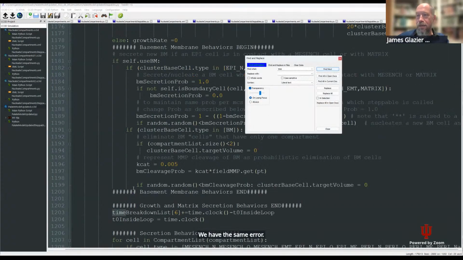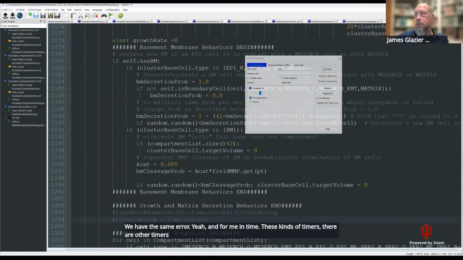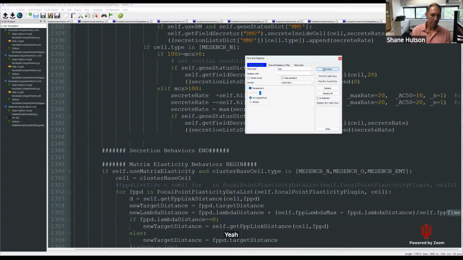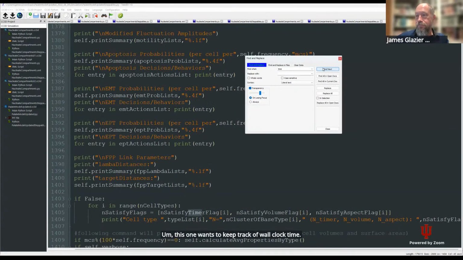These kinds of timers, there are other timers one could use if one wants to keep track of wall clock time. But let's see if that works. Well, it started.